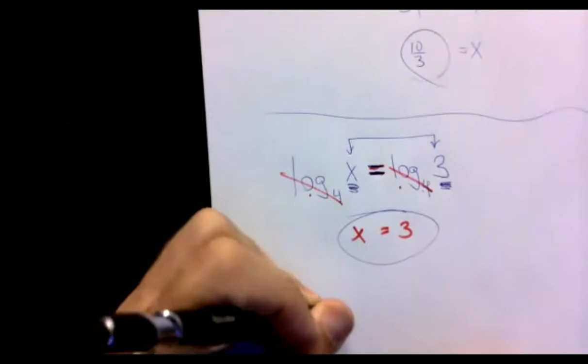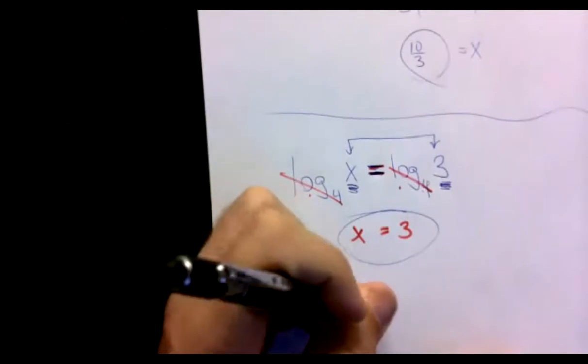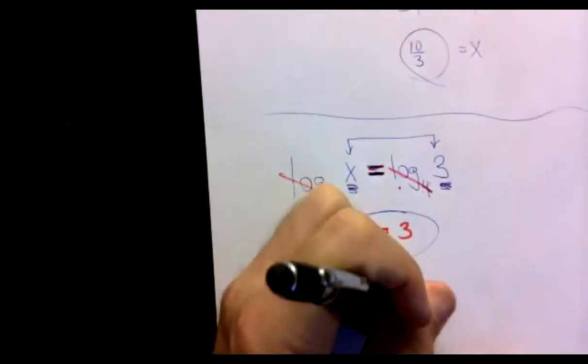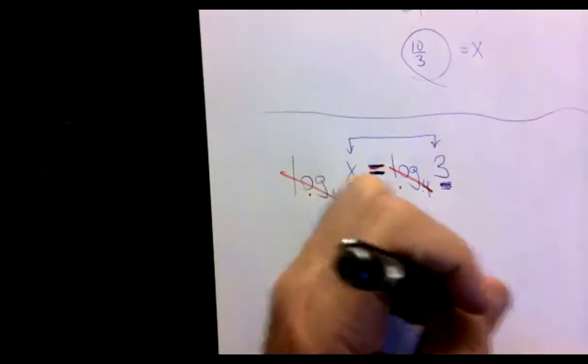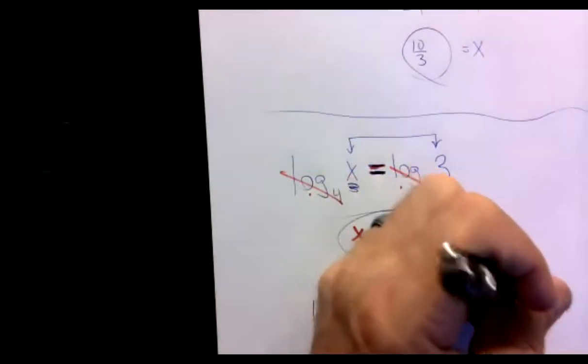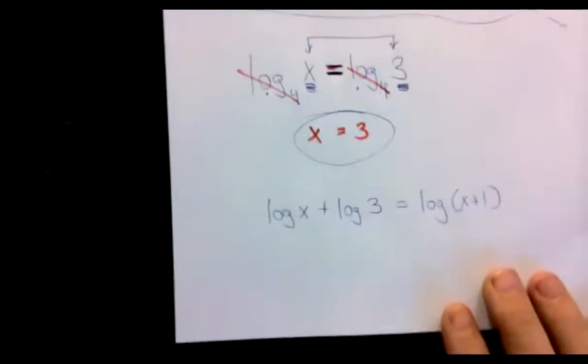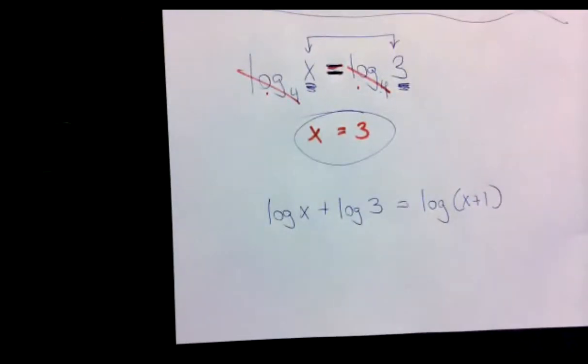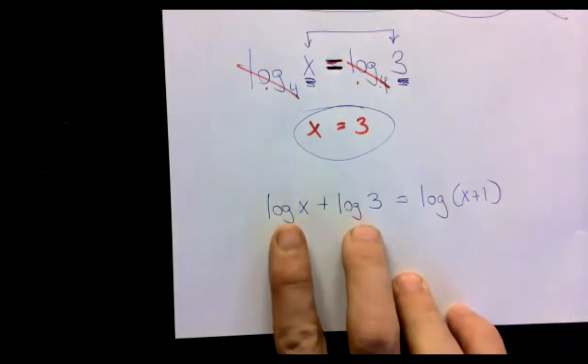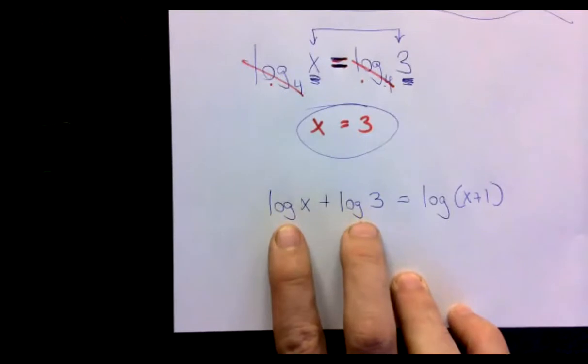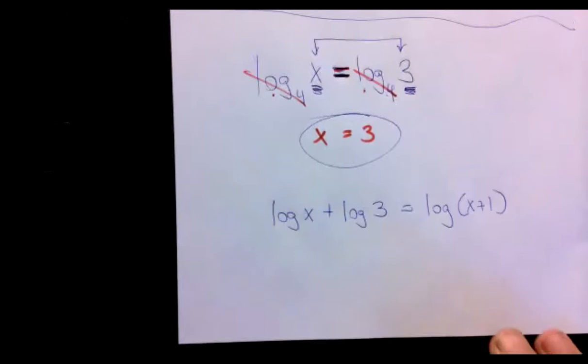So let's say we got the log of x plus the log of 3 equals the log of x plus 1. Just like before, if you have multiple logarithms on the same side, we've got to condense these. We can't deal with multiple logarithms really at the same time.